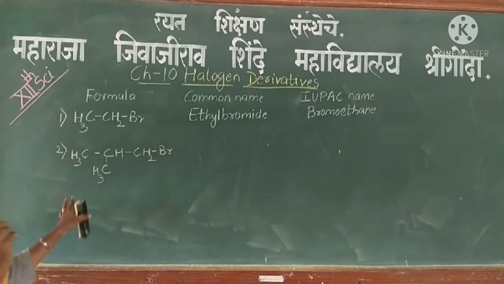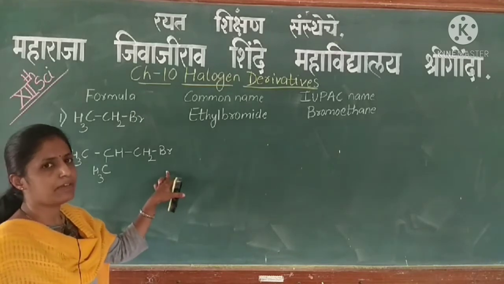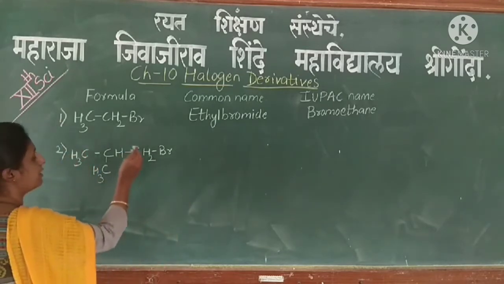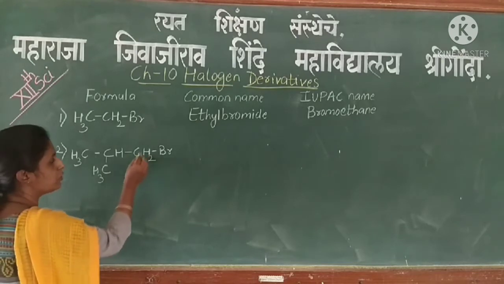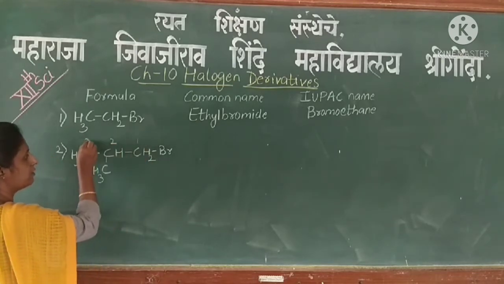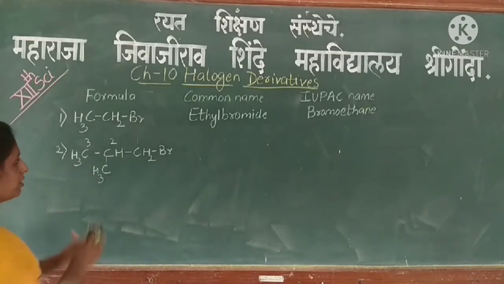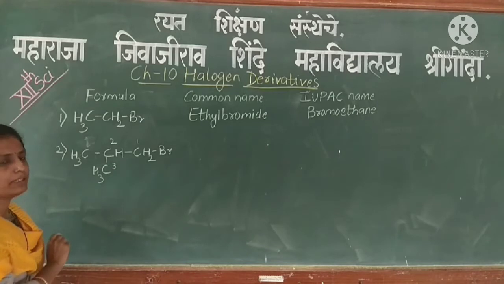Now here you have to number in such a way that the halogen has the least numbering. We select the longest chain first. Even if you choose the first, second, third carbons, this has 3 carbons, and if you choose this other chain, this also has 3 carbons.